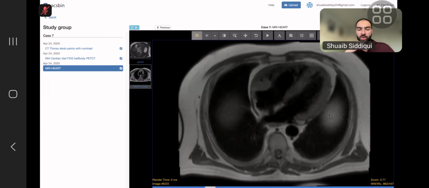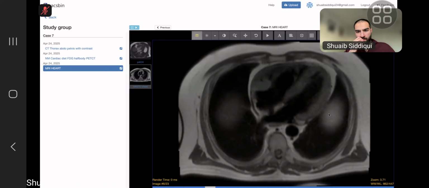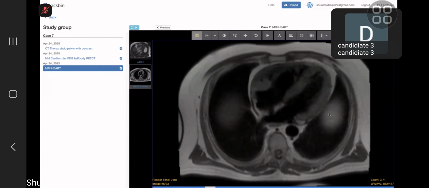Okay. In terms of the cardiac chambers, are they dilated or normal in size? No, it's not dilated, it's hypertrophic. And you're telling me it's just the right ventricle. Other than right ventricle cardiomyopathy, interventricular septum.